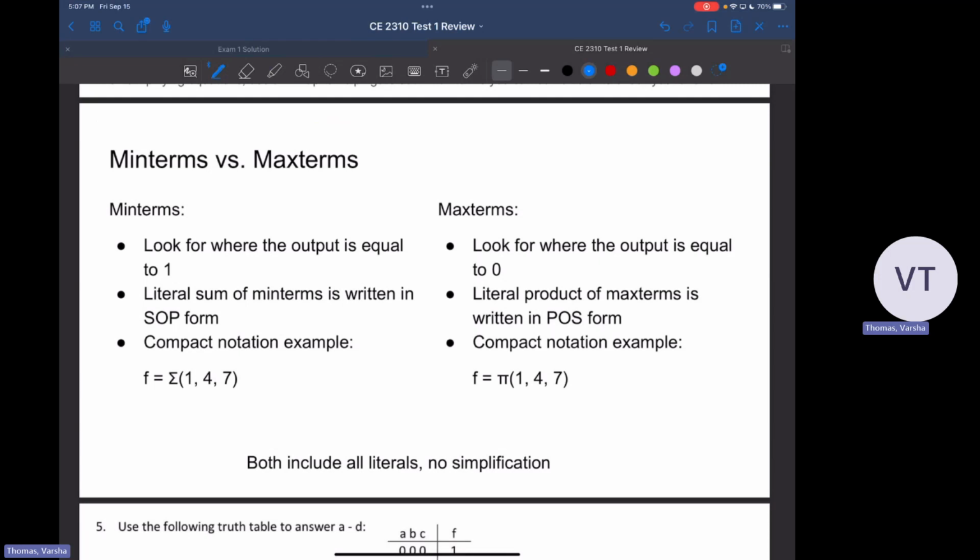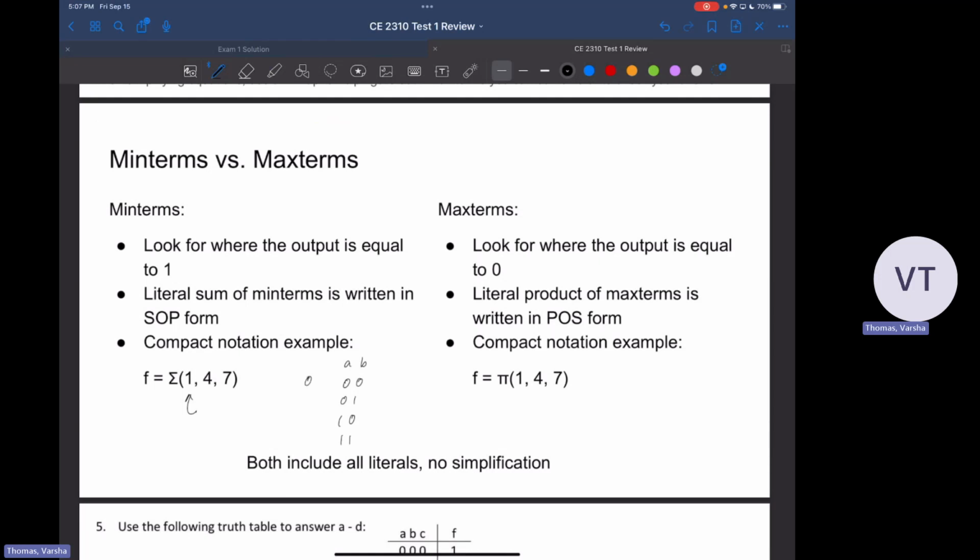So this notation thing here is if it says to put it in compact notation. What these numbers basically mean is, on a truth table, when you have values of A, B, 0, 0, 0, 1, 1, 0, 1, 1, these numbers are basically just the decimal value equivalent.